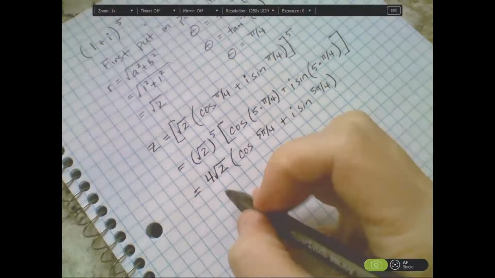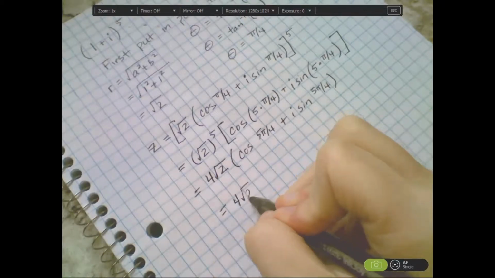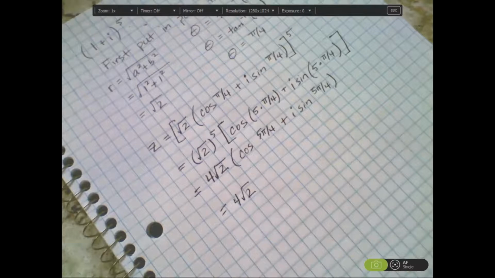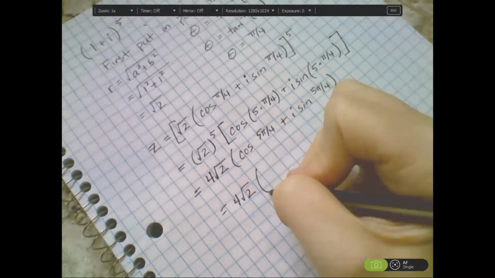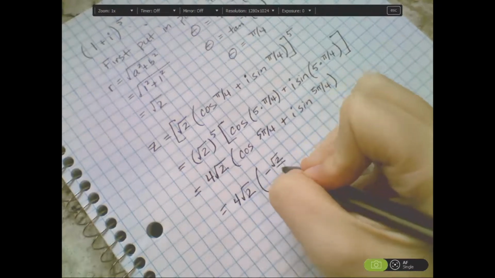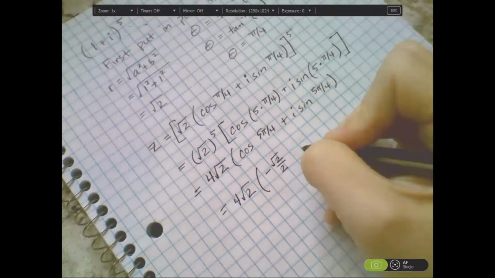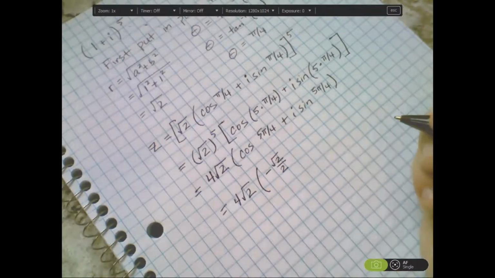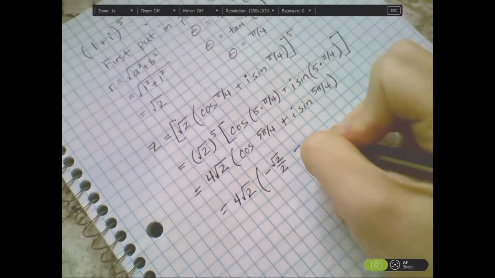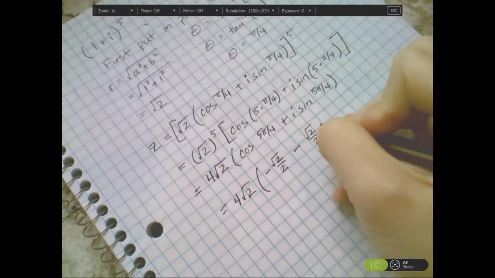And then we have to go through and figure out what that's going to be. So let's say 5 pi over 4 is down in the 3rd quadrant. So the cosine there is negative root 2 over 2, and then the sine is also going to be negative root 2 over 2.